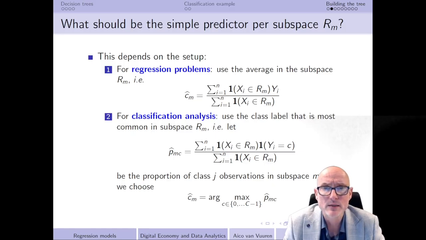That implies that for any class, we have this frequency in this particular subspace, and then we simply choose the class that is most frequent. So we choose the class that maximizes this, which is the highest among all these P hat MCs that we have over here.